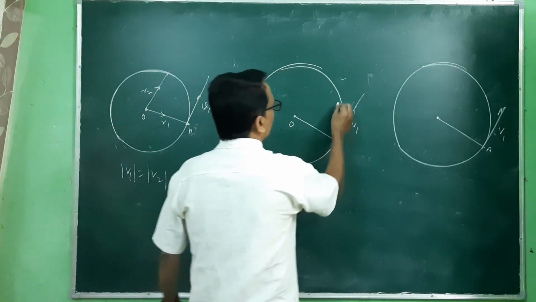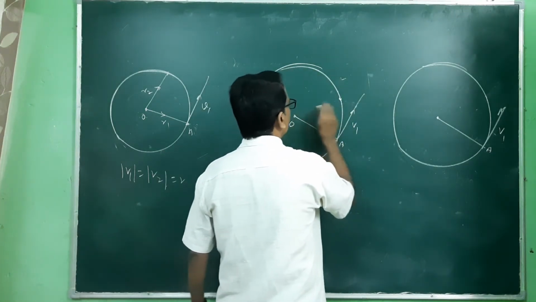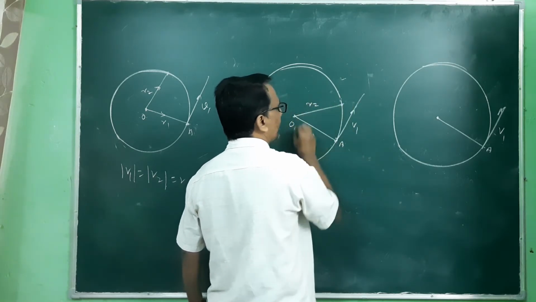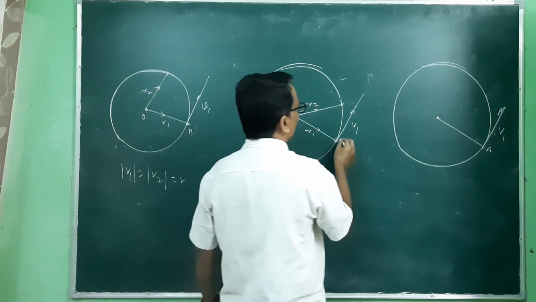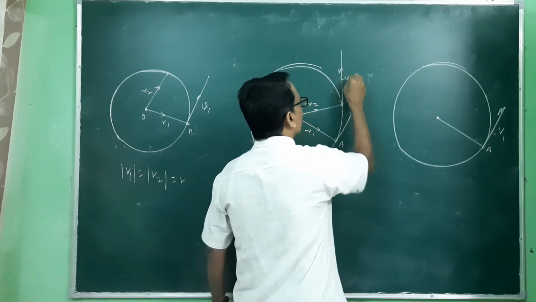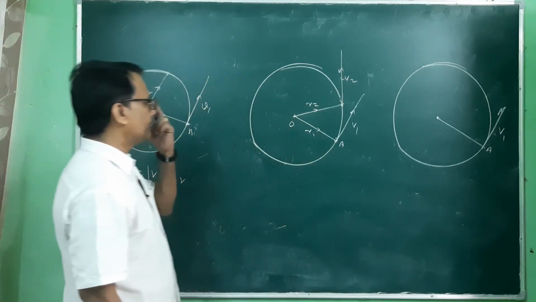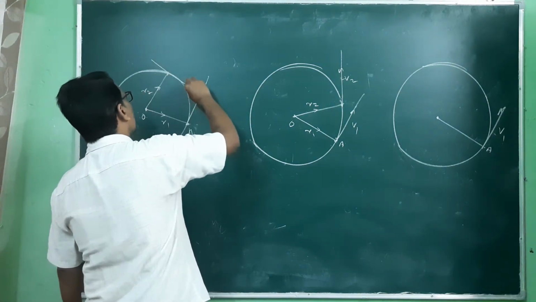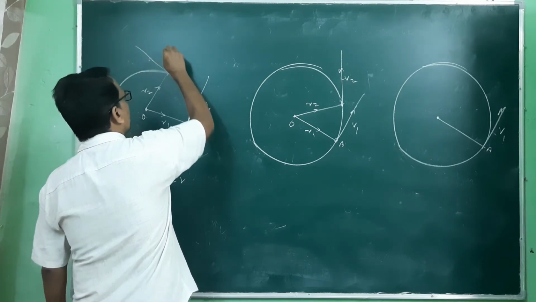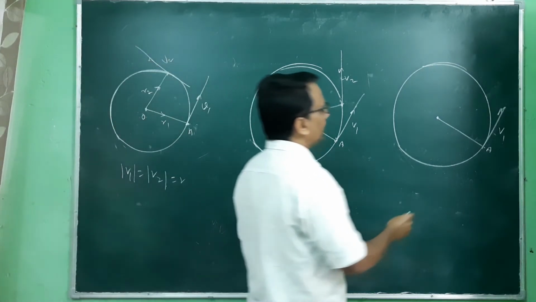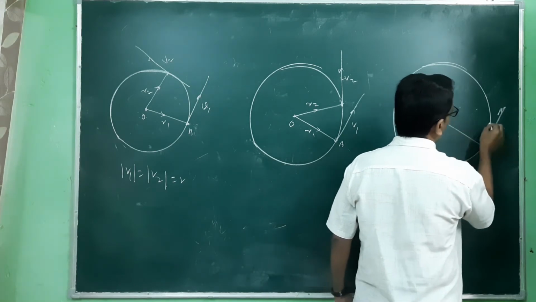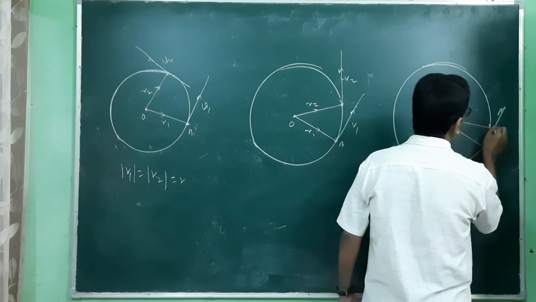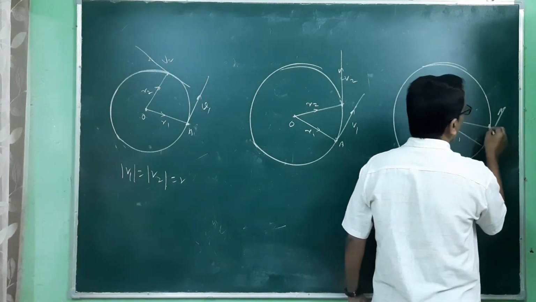And now this is that second point. So make here, and this is R1, this is R2, and this is that V2. Now we can take this is R1, this is R2, this is V2.